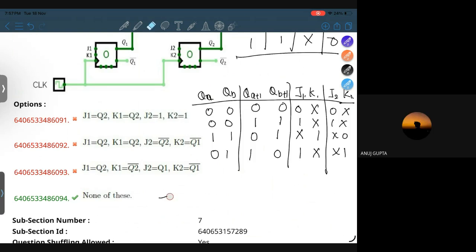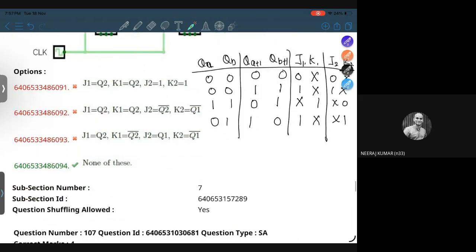Even if we try to figure it out, J1 is your Q1, Q2, right? So Q1, Q2 both are 0, 0. For the same input, we cannot have two different outputs. So this one, J1 equal to K2, Q2, is incorrect. So all options are incorrect except the last one.